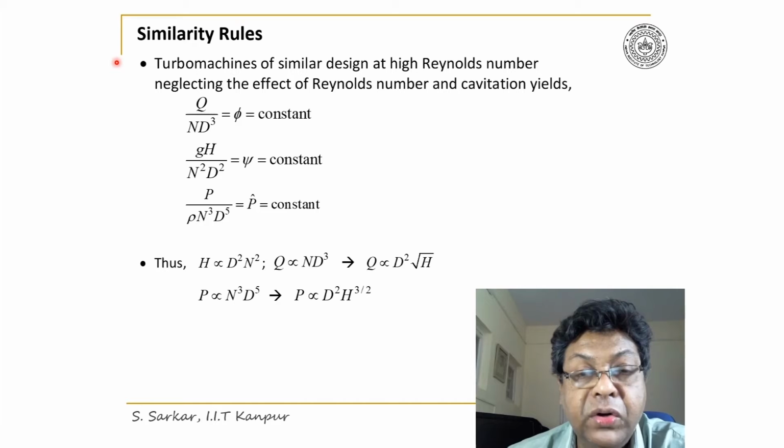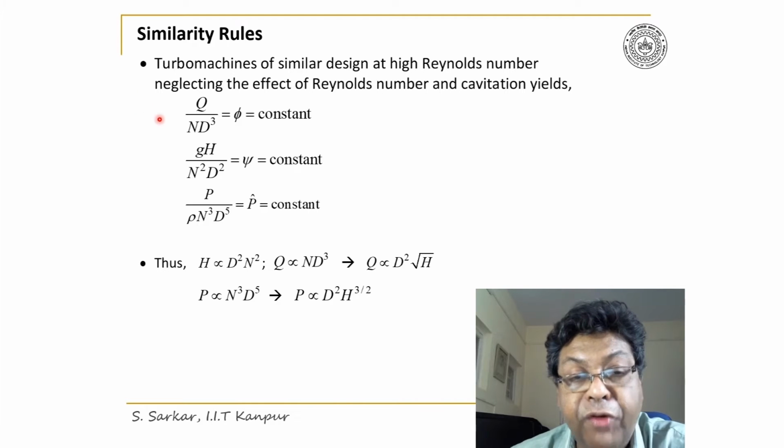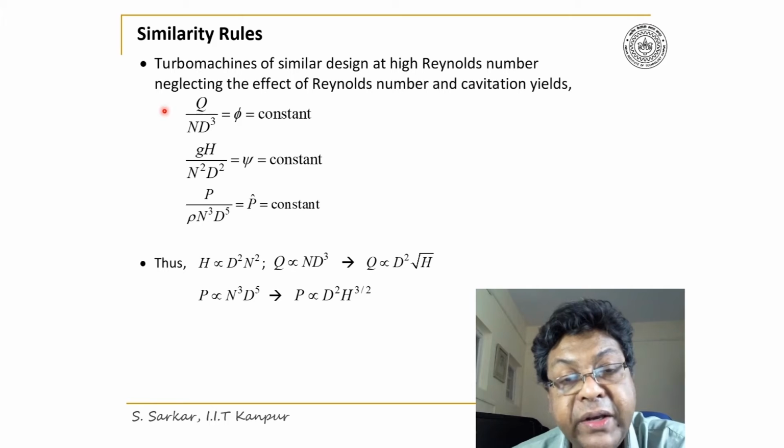And then we land on the following relations where xi, phi and p tilde are constant, where phi is given by Q divided by N D cubed, xi is gH divided by N squared D squared, and p tilde is equal to P divided by rho N cubed D to the power 5.